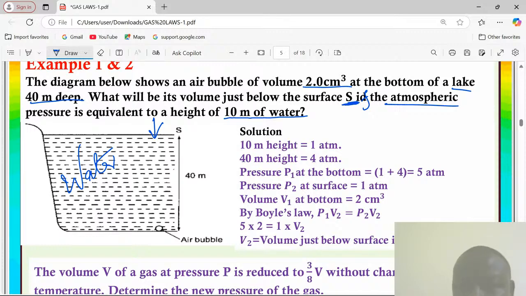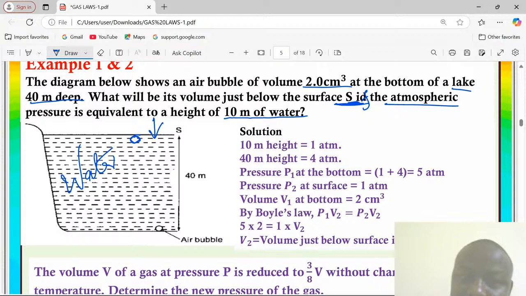But exactly at the surface of water, when it is almost emerging, the pressure acting on it is squarely the pressure due to the atmosphere.